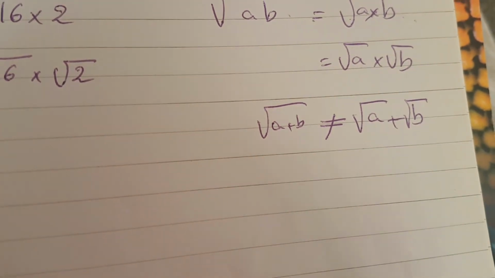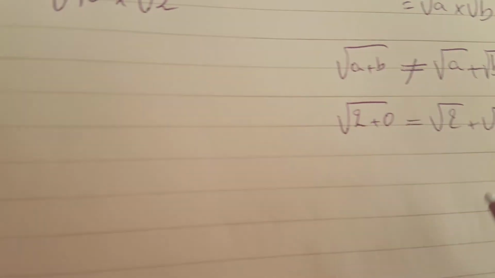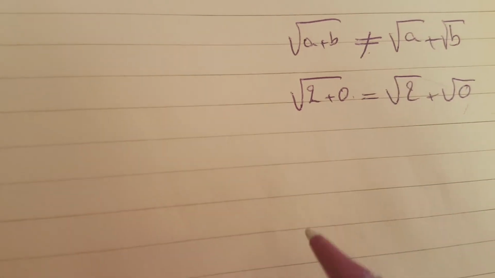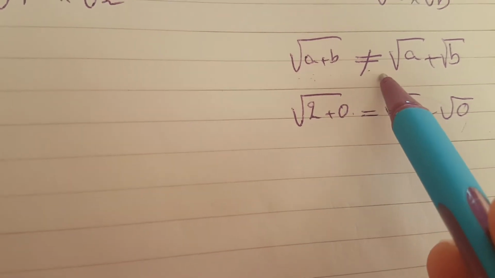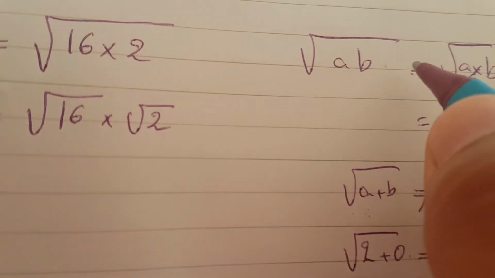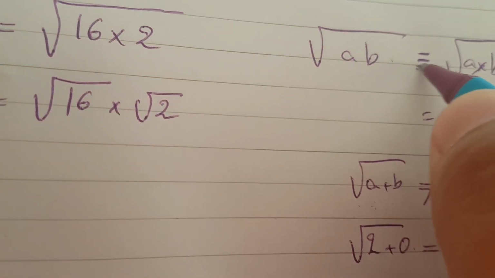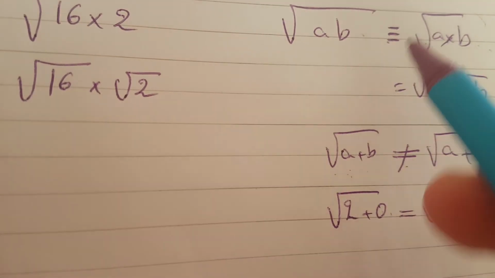Some people might think, oh yeah, the square root of 2 plus 0 is the same as the square root of 2 plus the square root of 0. Yes, but this is an exception, because it's 0, obviously. But we cannot say that the square root of A plus B is equal to that.